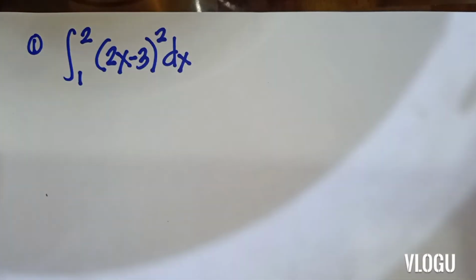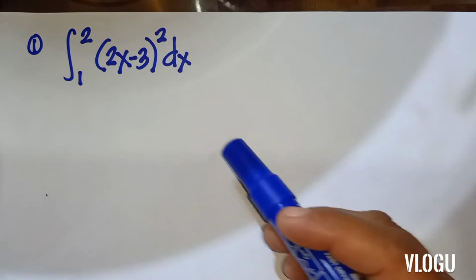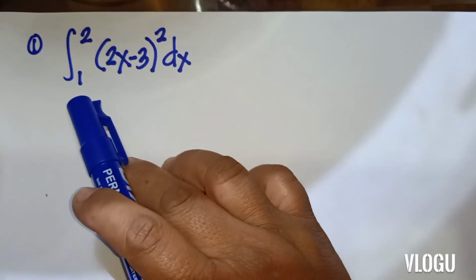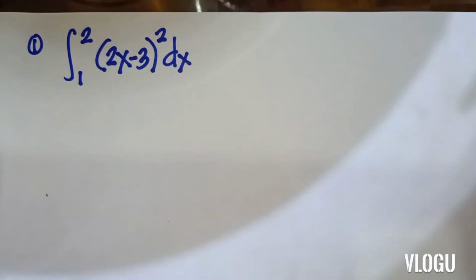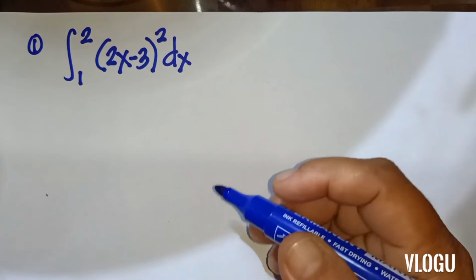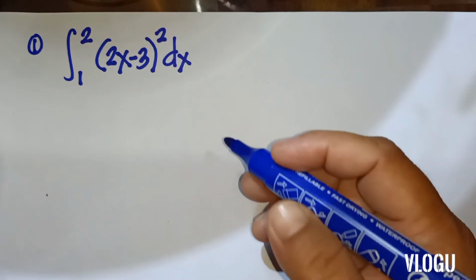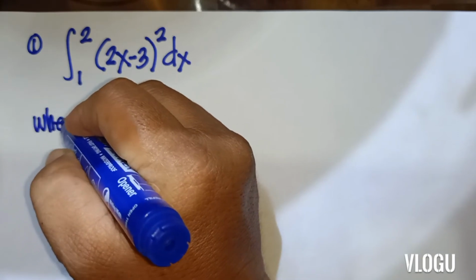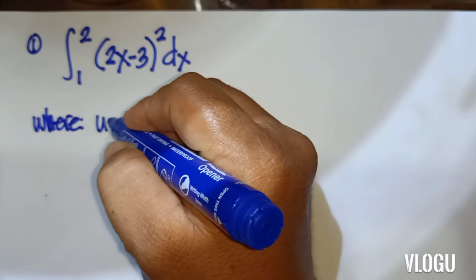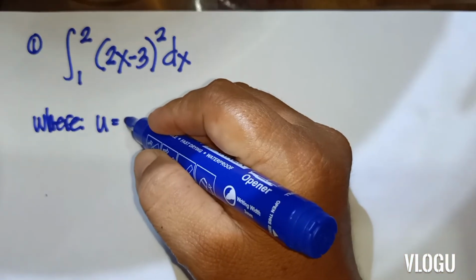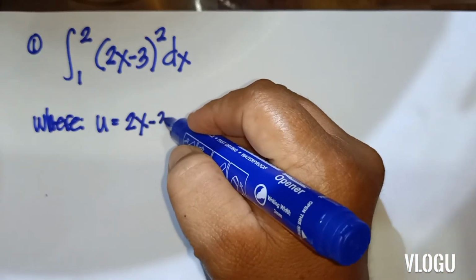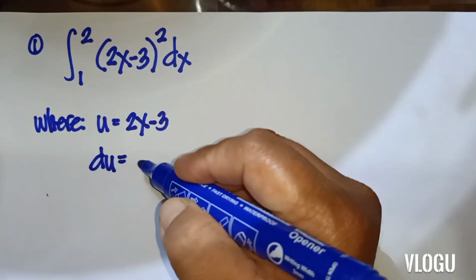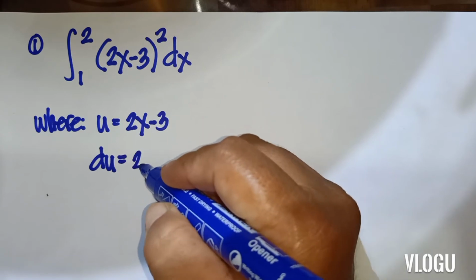So our first example is the integral of (2x minus 3) squared dx evaluated from 1 to 2. Okay, so the solution here: our u is equal to 2x minus 3, du is equal to 2dx.